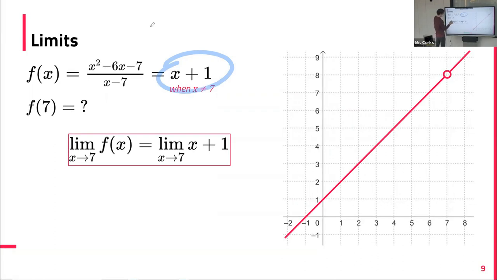So we would write it like this. We have some function, and then we write this limit thing in front. So limit as x approaches 7 of whatever that function is. In this case, our function is just this. So we want the limit as x approaches 7 of x plus 1.